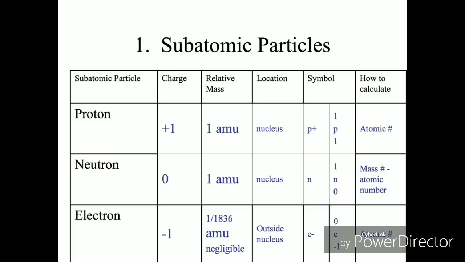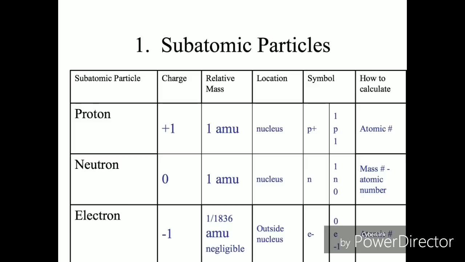So the charge is pretty easy to see here on the subatomic particles. Please make sure that you remember that a neutron is neutral and not negative. When we say relative mass, that's because the mass of a proton, neutron, and electron are infinitely small.